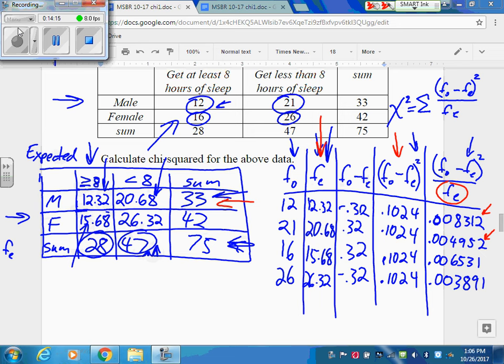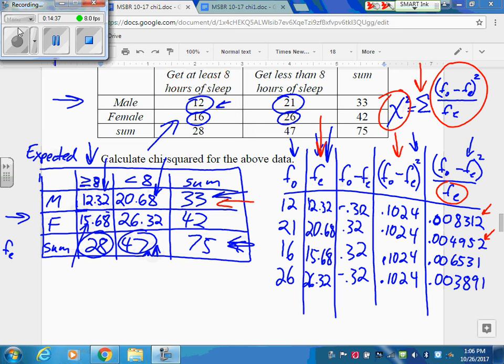We have to go back and look at our formula. What does chi-squared say? Chi-squared is equal to the sum of this stuff. The data, or observed data, minus the expected data, quantity squared, all divided by the expected data. And I did that for all four pieces of our rows and columns, essentially. But now we have to do the sigma part, which again means add it all up.